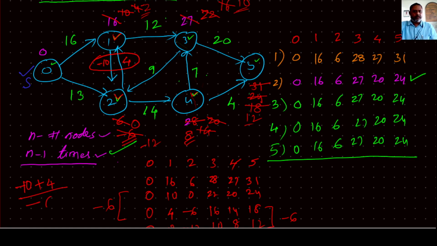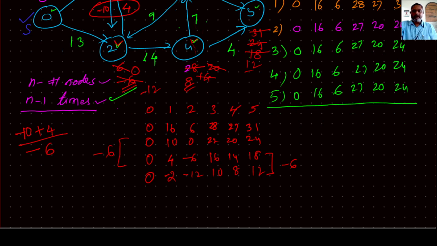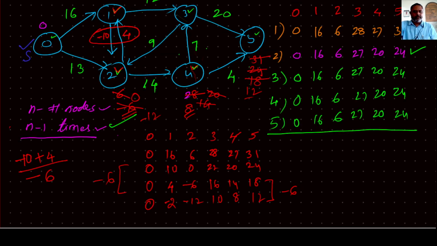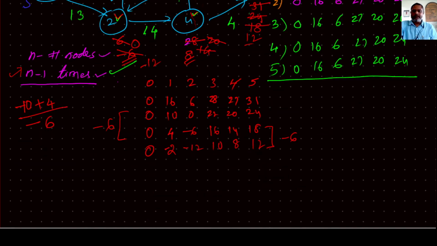So total it is contributing -6 in each round, and that -6 is dropping the whole thing every step by 6. So that means this n-1 will not help. As you continue, it keeps going down and down and down.